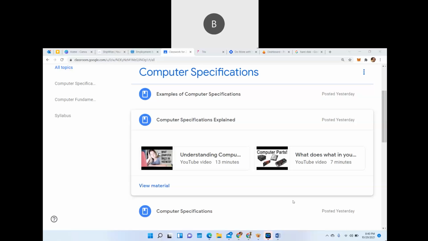The CPU. What about the CPU? Isn't that what tells you about when you're playing games and the different movements and colors and such? Well, that would be the GPU, the graphics processing unit, the graphics card.